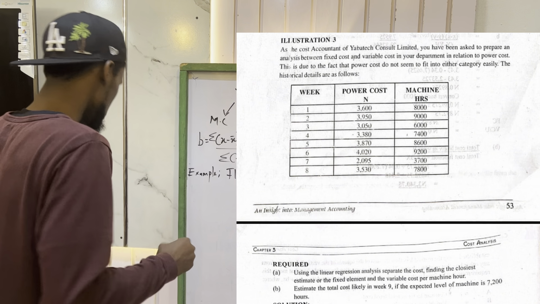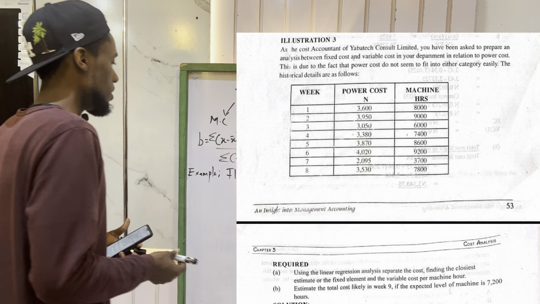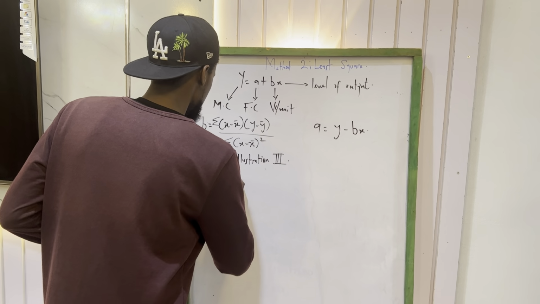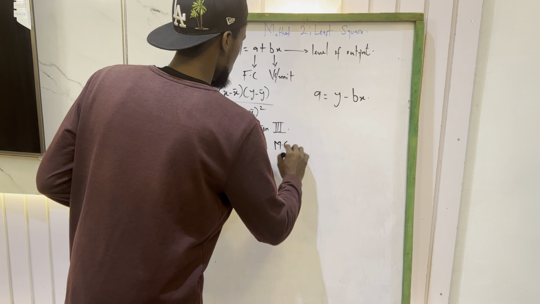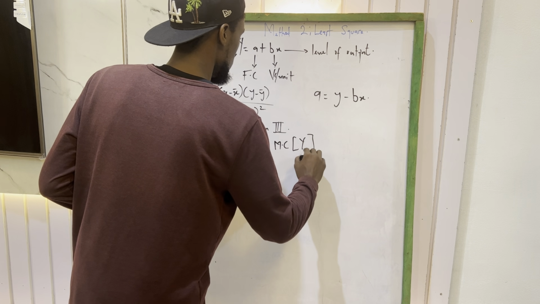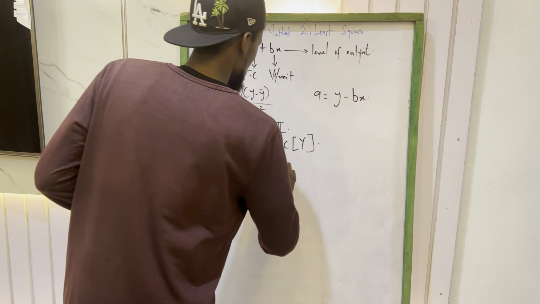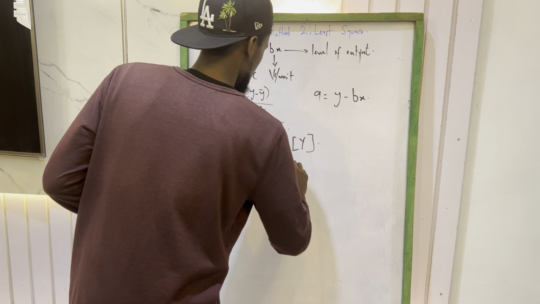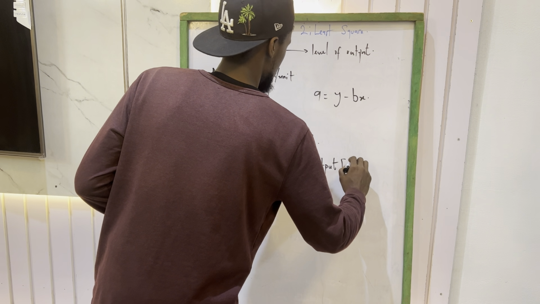So we have a particular table, that's the question, and then we'll be representing our power cost as our mixed cost, which ultimately will be Y. And then our machine hour, which is like our level of output, which is X. Let me write it here. Level of output, X.